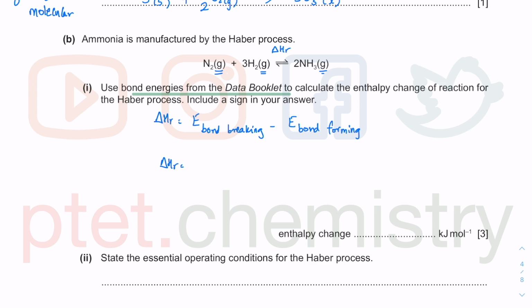So what are we breaking here? We are breaking a nitrogen-nitrogen triple bond. So we have 1 times 944 for the nitrogen-nitrogen triple bond. We are breaking 3 moles of the hydrogen-hydrogen single covalent bond. So there's 3 times 436. We close the bracket because that's everything we need to break, and then minus everything we need to form.